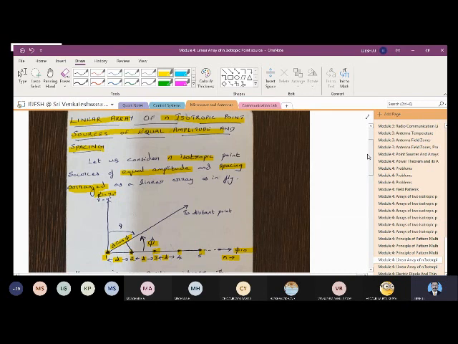So we are going to take an array of point sources, n isotropic sources, where each source is placed at a specific spacing d.